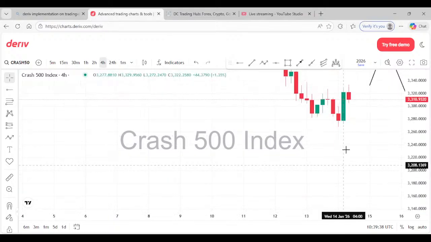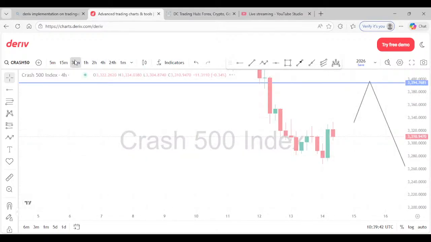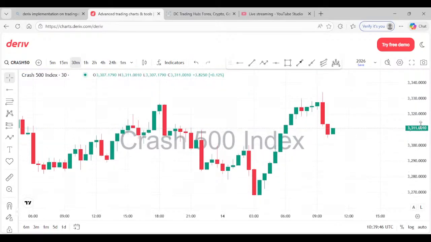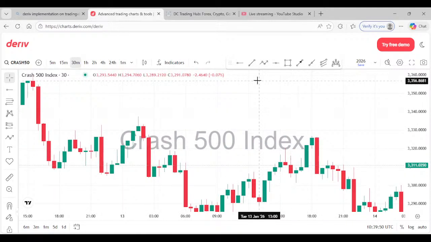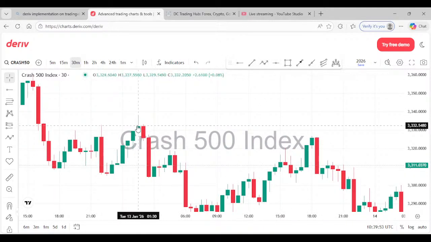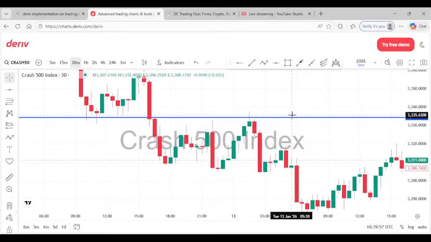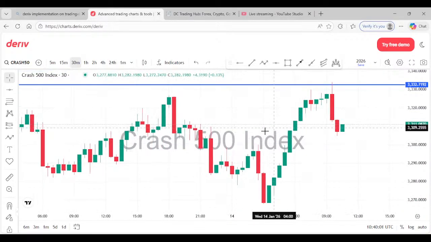So let's go on 30 minutes. Seems like there's a resistance here. So that's our key zone here.